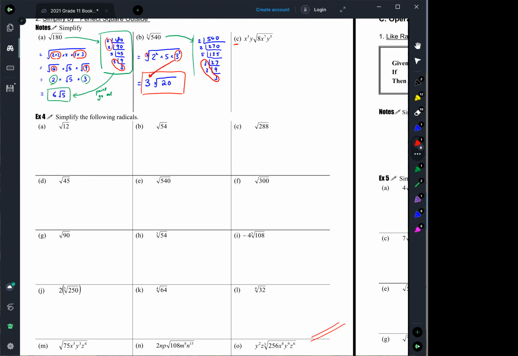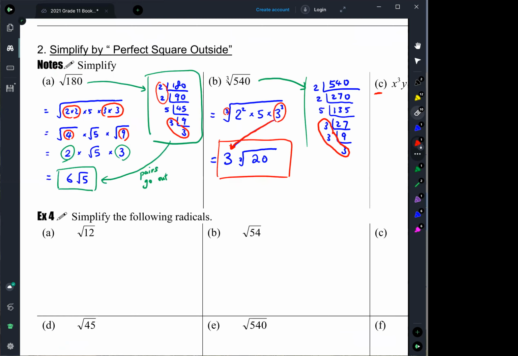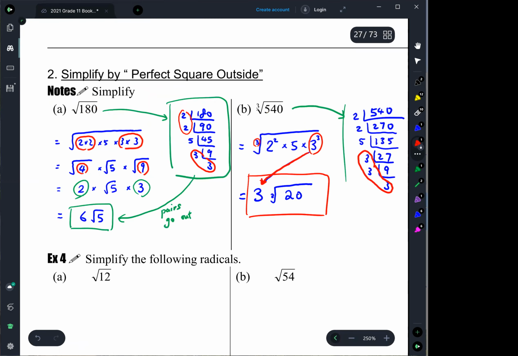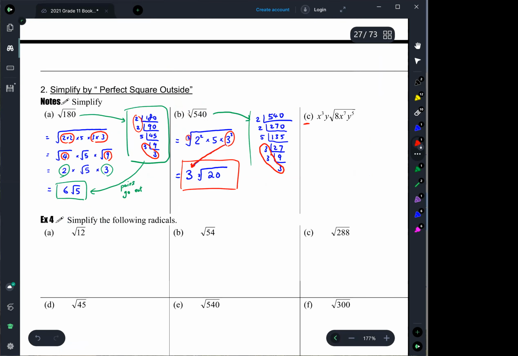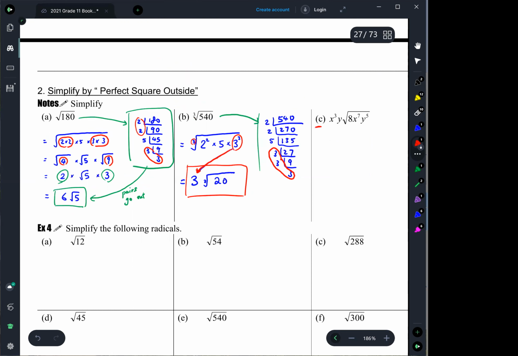Oh, before you move on, there's one little trick I can show you to shorten your work. So if you take a look here, for example, like 180.